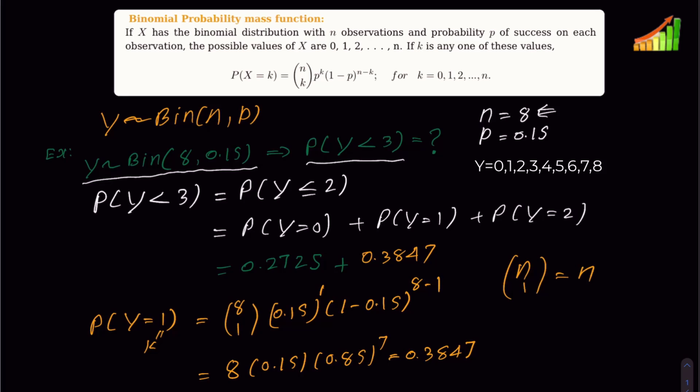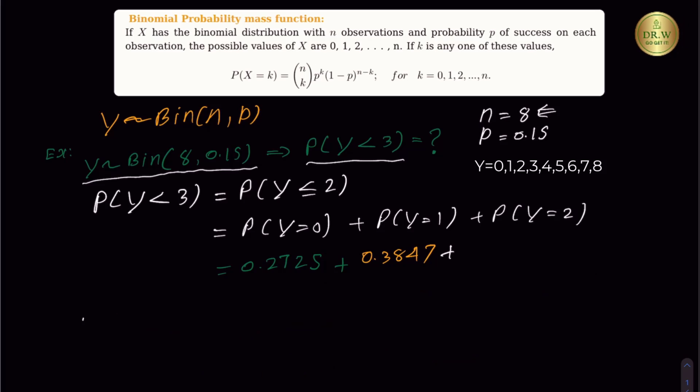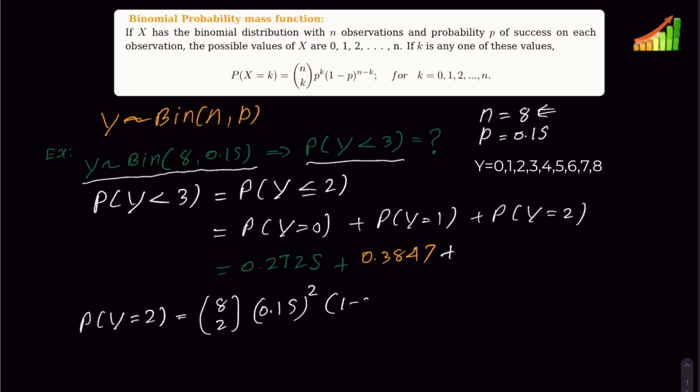Then we can find the last one. What is the last one? The probability of Y equals 2. It is 8 choose 2, because k equals 2 here, p is 0.15 to the power 2, then (1 minus 0.15) to the power 8 minus 2. You know how to simplify this part, and I will write the number here.